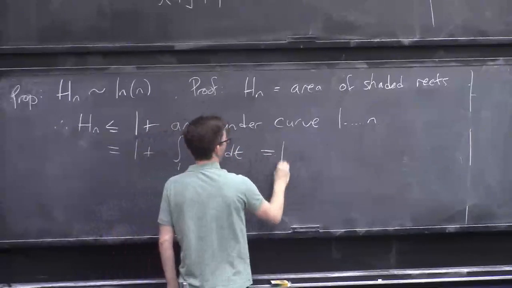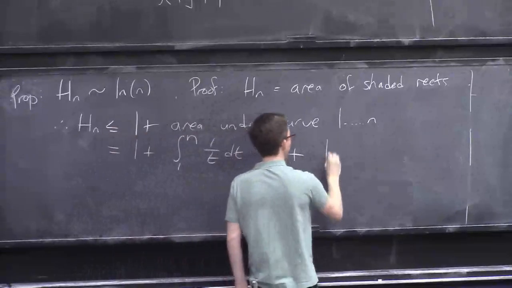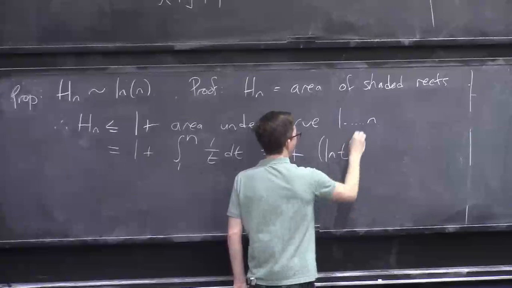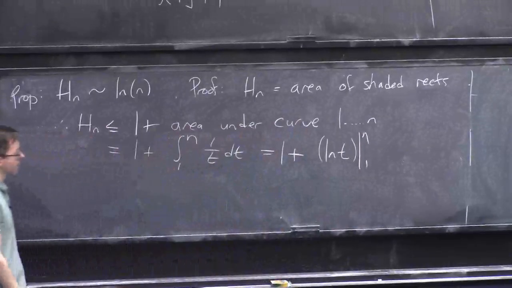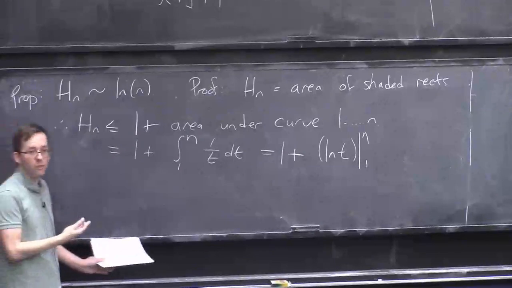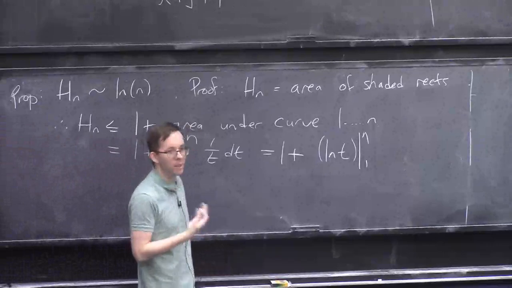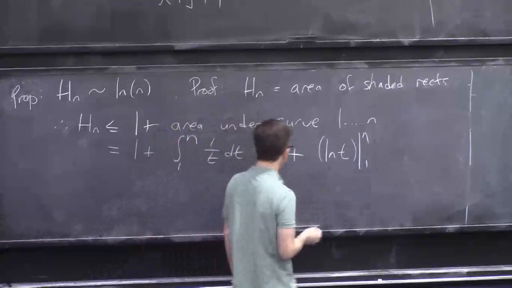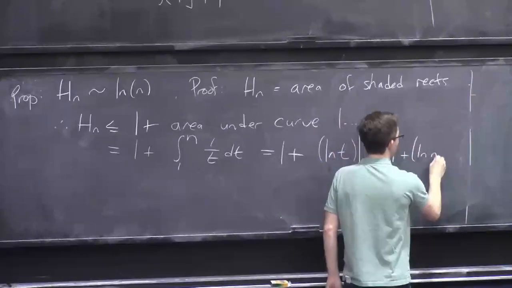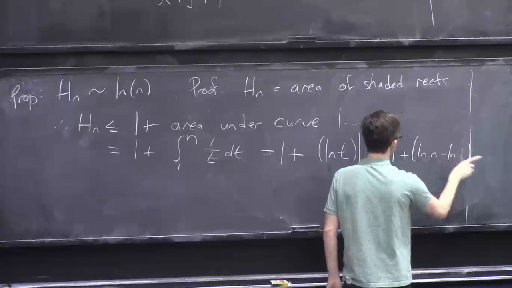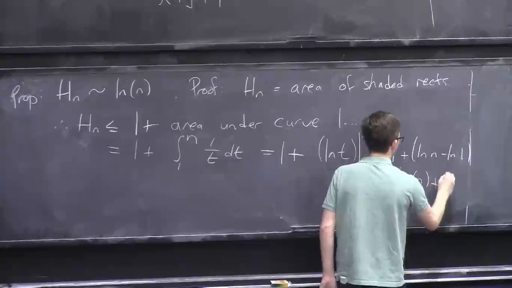Then this is 1 plus the antiderivative of 1 over t, which is ln t, evaluated from 1 to n. In some calculus textbooks, this is literally the definition of natural logarithm, so arguably this is circular. But we all know what the natural logarithm is, so we can leave it like this. This is 1 plus ln n minus ln 1. Ln 1 is 0, so this is ln n plus 1.